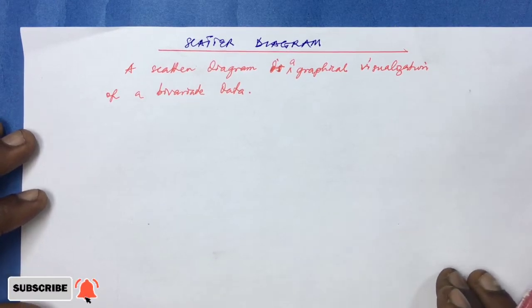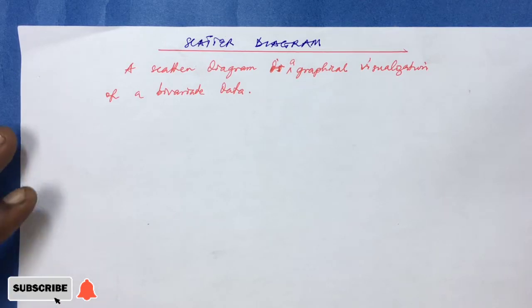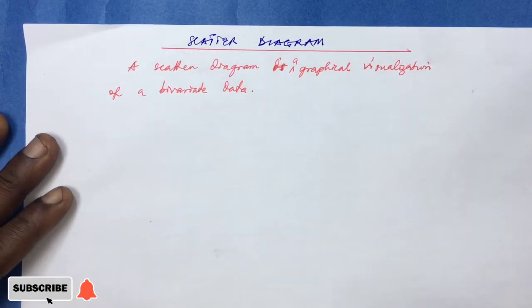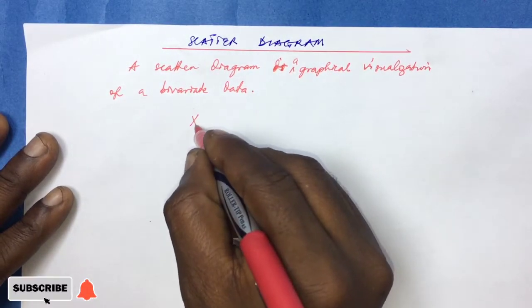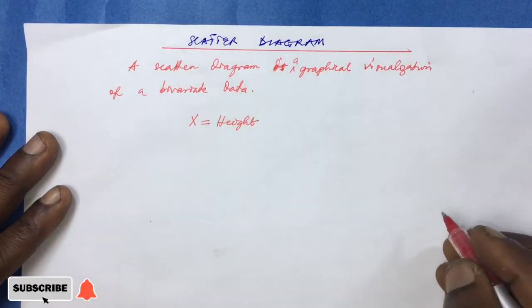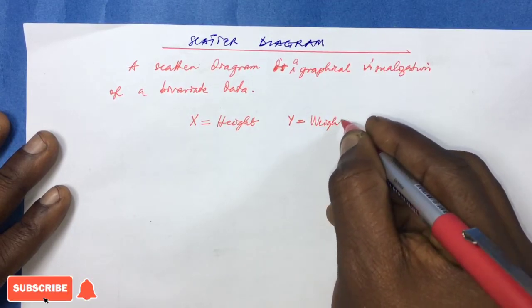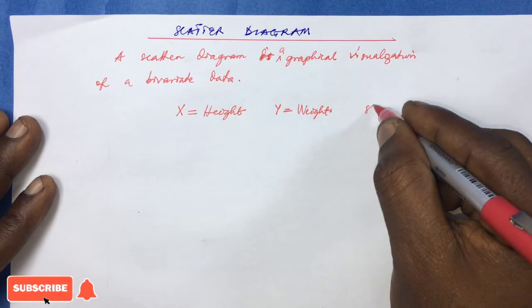Now, when you talk about bivariate data, it means we are looking at two variables in relation to a particular thing. The question we want to answer is this: what if you consider a variable like height, X, and another variable Y, the weight of students?